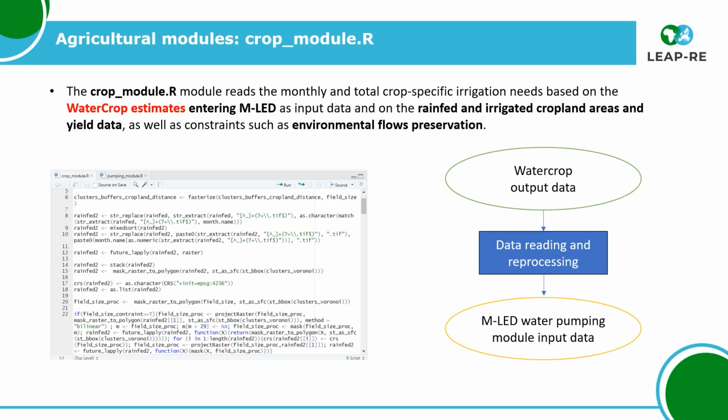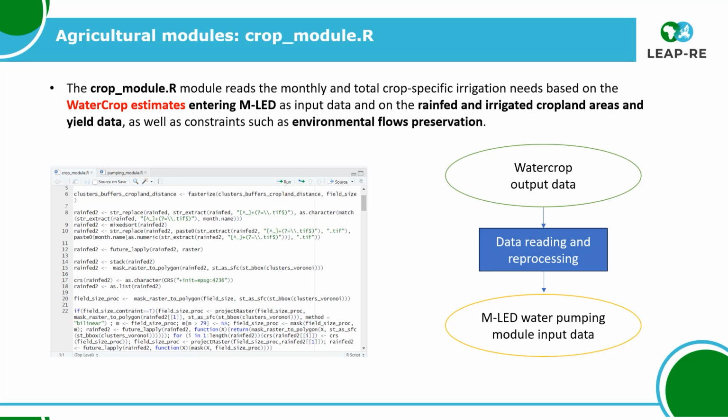So the crop module basically reads the water crop output data, processes them, and extracts them at the level of the population settlement cluster. So it links a given water need to a population settlement cluster using the Voronoi polygons that were explained before.